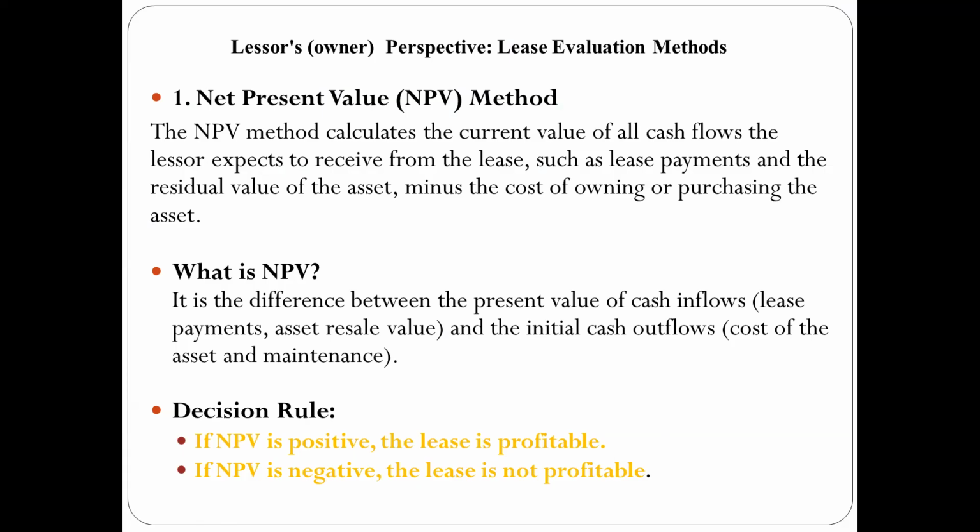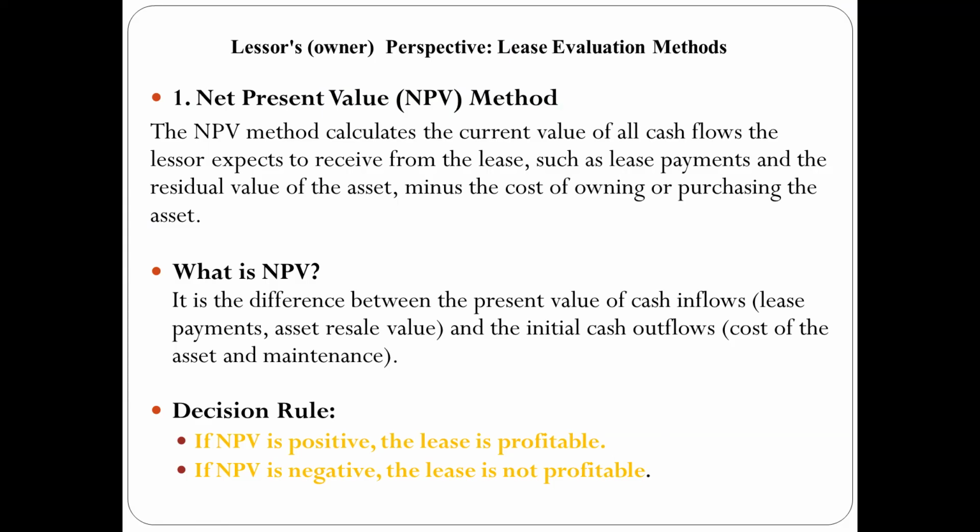You take all the money you will get in the future, like lease payments or selling the assets later, and calculate what it's worth today. Then you subtract all the money you have to spend upfront, like buying or maintaining the assets. If the result is positive, it's a good deal. If it's negative, it's not worth it.